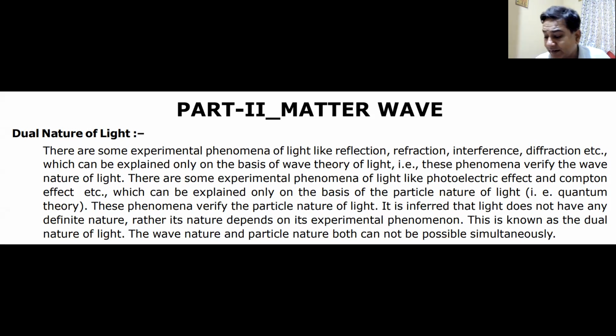We know that light has a dual nature, yes or no? Some phenomena can be explained by the wave theory of light. Basically, we are talking about interference. It cannot be explained by the particle theory of light.